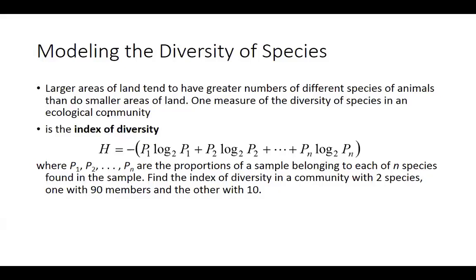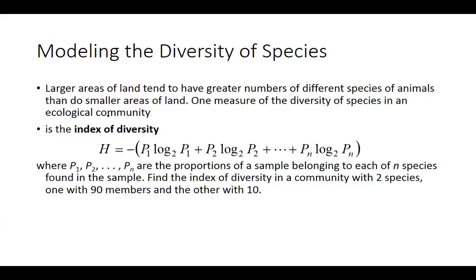So in this application problem, they're giving us a formula. H is equal to minus P1 log of P1 with the base 2 plus P2 log of P2 with the base 2, and so on, where P1 and P2 and all the way to Pn are the proportions of a sample belonging to each of n species found in the sample.